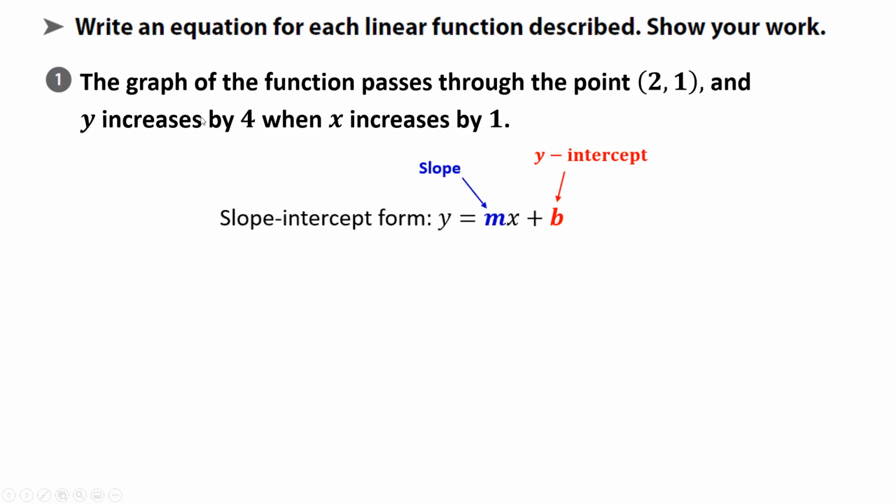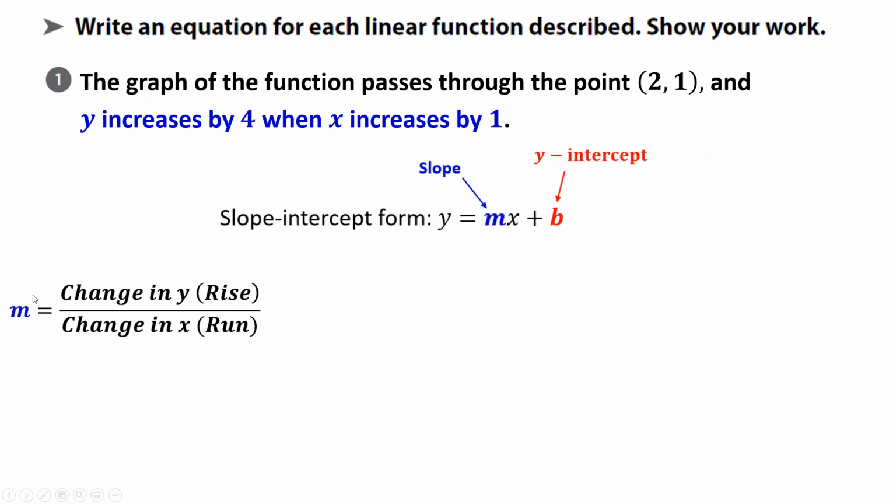For the first problem, the second part of my sentence tells me y increases by 4 when x increases by 1. This reminds me a lot of a slope or a constant rate. When I think about a slope, what does the slope represent? It represents the change in the y, which we call the rise, divided by the change in the x, which we call the run. And this is what they're describing. The y increases by 4 as my x increases by 1.